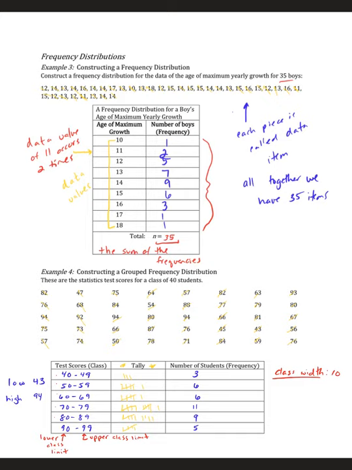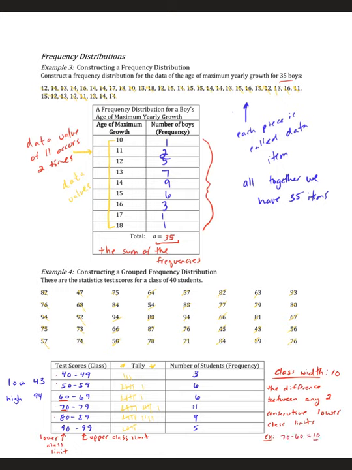So the class width is found by taking the difference between any 2, we have to say consecutive, meaning they're next to each other, any 2 consecutive lower class limits. So for example, let's just choose 2. Let's say 60 and 70. If we were to find the difference between those, 70 minus 60 equals 10.